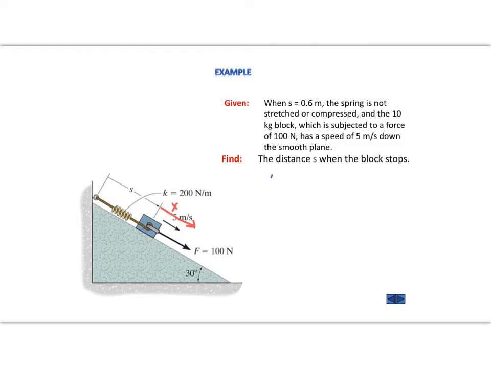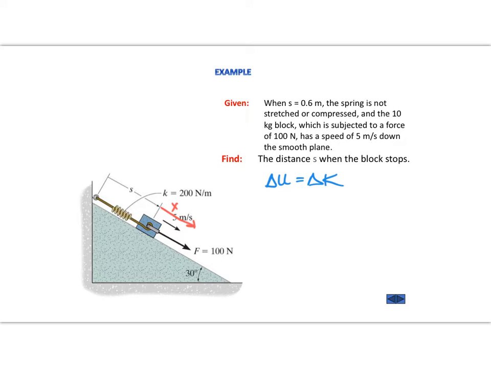I found that using the work kinetic energy theorem, it worked for me. You can use conservation of energy. Keep in mind that this U in this expression means work. I'm used to using U for potential energy, so when I look at it initially I get confused. So if you're in that boat with me, it's work.